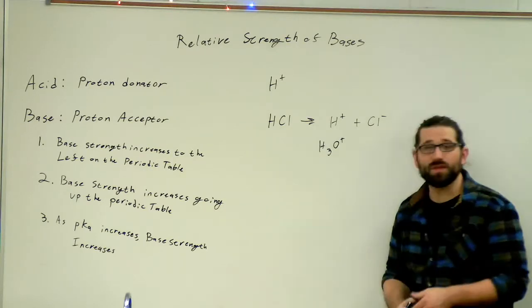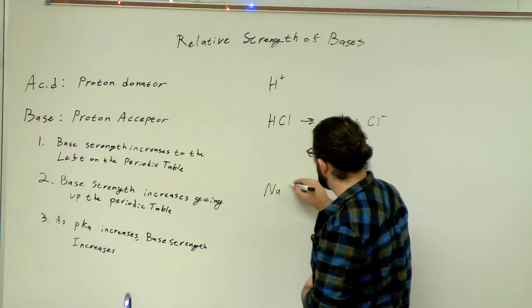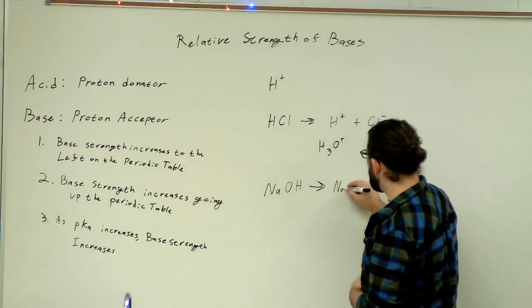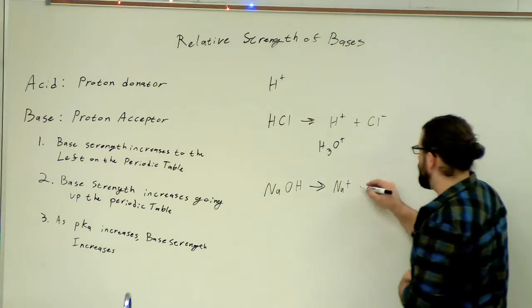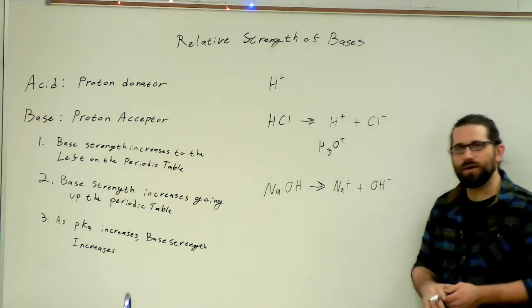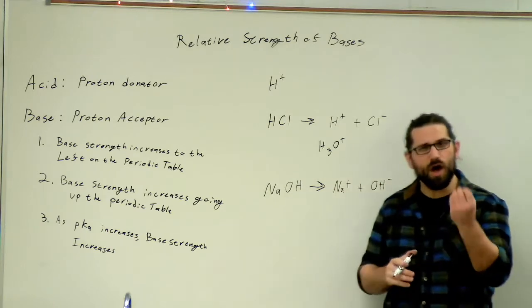Now, if I have something like sodium hydroxide, NaOH, and I put that into a solution, I'm going to end up with Na+, which is really just going to float around. It's not going to do much. But I'm also going to have this hydroxide anion. That hydroxide is going to see things like this, and it's going to be really hungry for that proton.